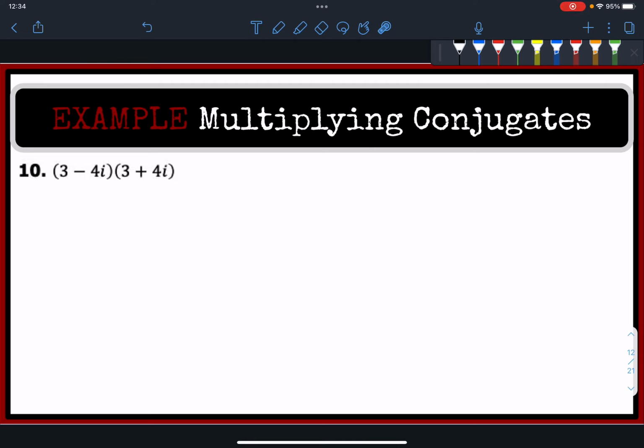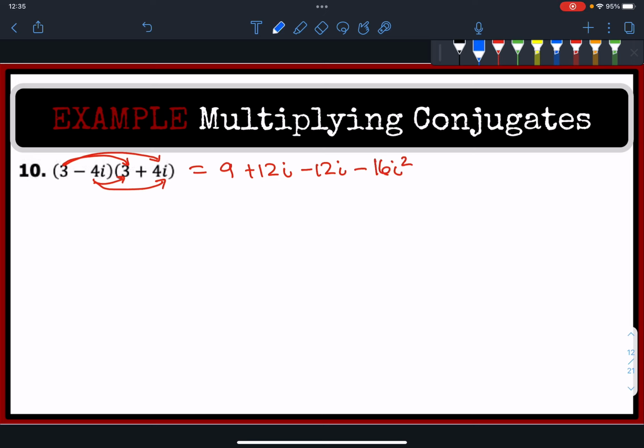So to multiply this, let's do it the long way first by using distribution. I'm going to multiply 3 with 3, which is 9, 4i with 3, which is 12i. And then multiply 3 and 4i with negative 4i this time, which is going to give us negative 12i this time, and a negative 16i to the second power.